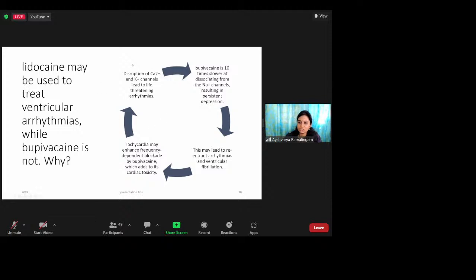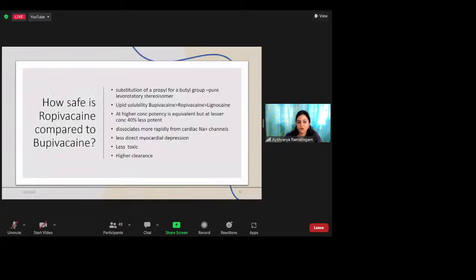It also has an additional action on calcium and potassium ions, disrupting conduction through these two, which leads to life-threatening arrhythmias. So how safe is ropivacaine when compared to bupivacaine? Ropivacaine has a propyl substitution of bupivacaine, and it is a pure levorotatory stereoisomer. The lipid solubility is intermediate between bupivacaine and lignocaine.